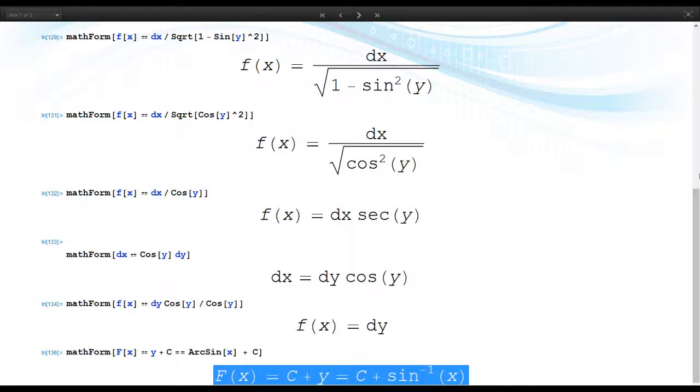I think that's the first integration technique that I've done in a live stream, other than just like the power rule for integrals.